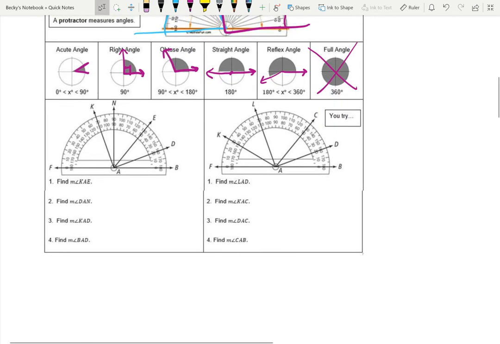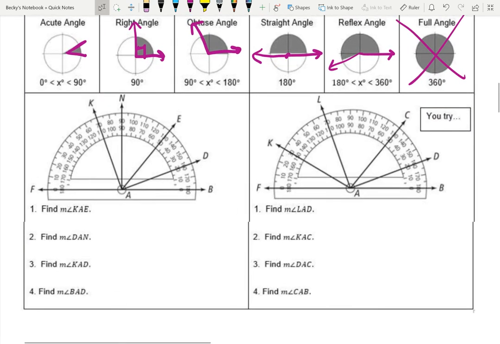Okay, so we're going to practice measuring some of these. Now, the little m means measure, and then angle K-A-E. So K-A-E. Now, this is actually pretty easy. You have a couple methods. You could count the little dashes, but to me, that's the more difficult way.